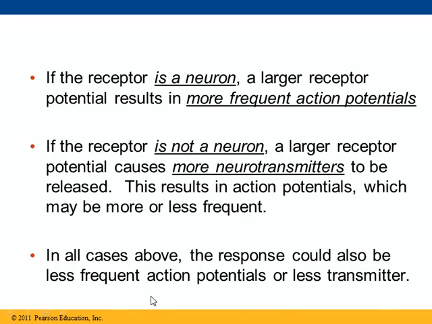Every case we are talking about today, until we get to a very specific example, the signal that says, hey, I have found the thing I'm looking for, it could be to release more neurotransmitter, but it could also be to release less. And the effect of that neurotransmitter could be to cause more action potentials, or it could be to cause less. When we get to sight, we're going to find out it works backwards from the way you think it does.